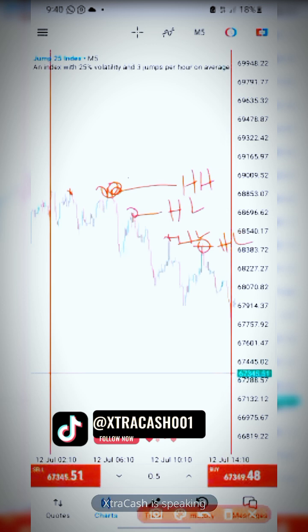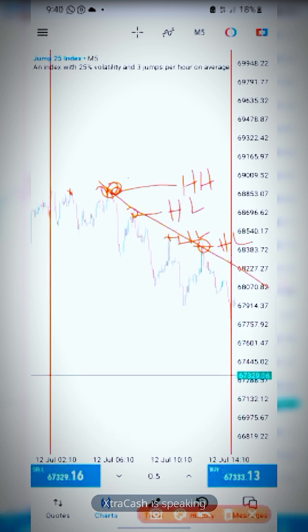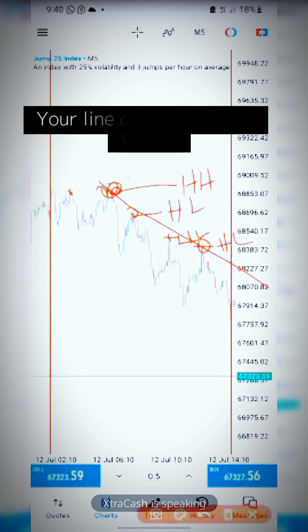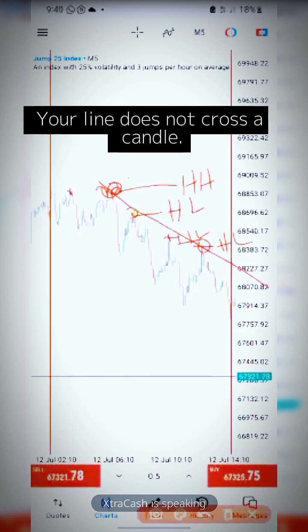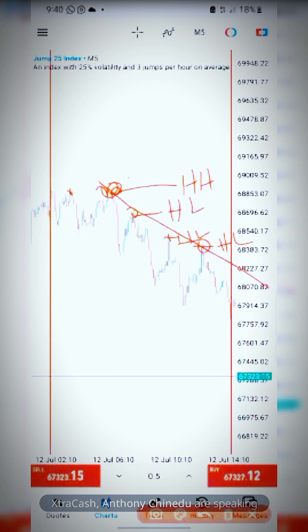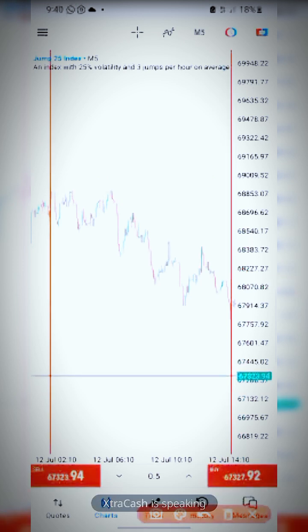So after identifying the higher lows, you can go take your trend line and place it across all of them. But you must make sure that your line does not cross a candle. So let's go get a trend line.